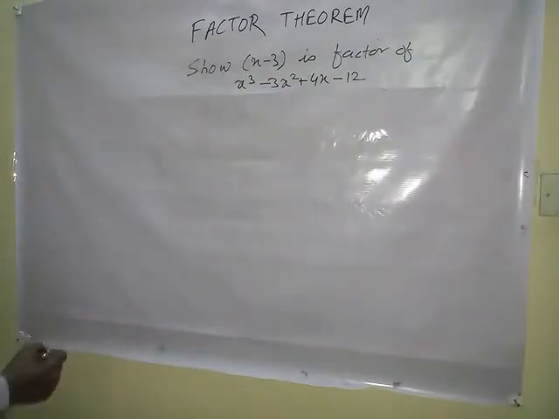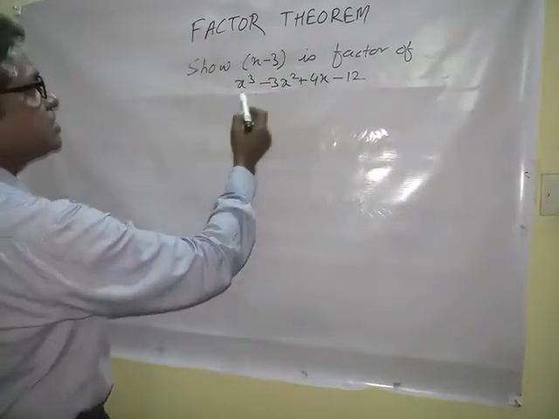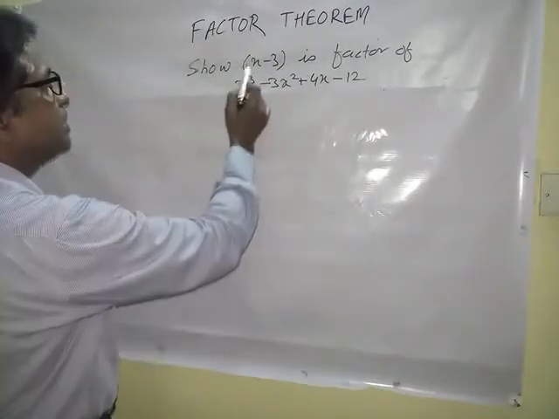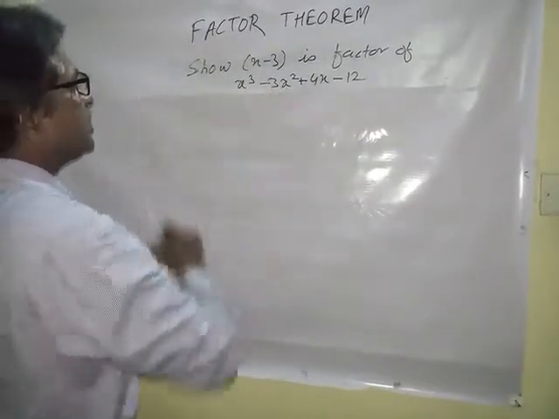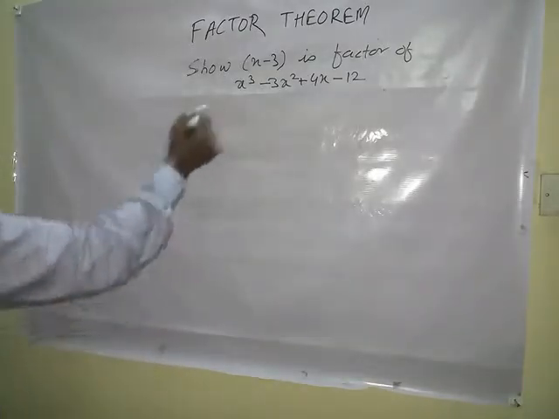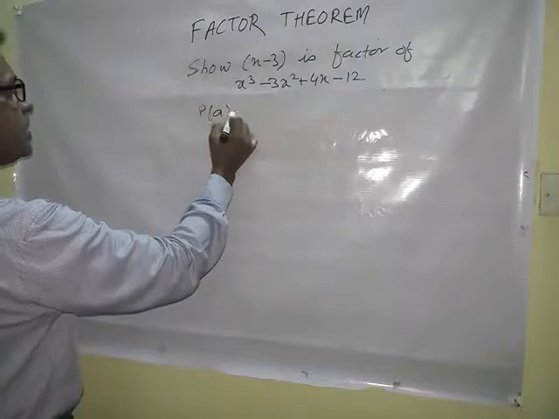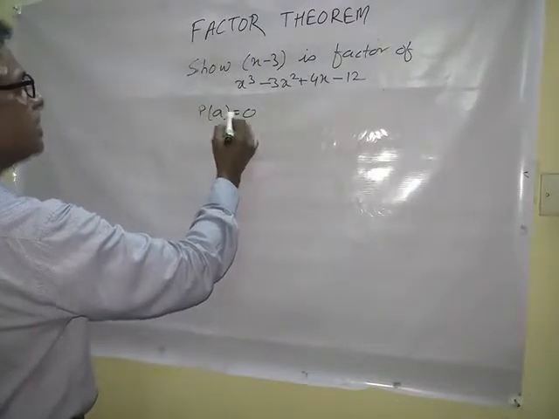When x minus 3 is a factor of this, that means this polynomial is fully divided by x minus 3. So we have to prove that if P(a) is equal to 0, then it is a factor.